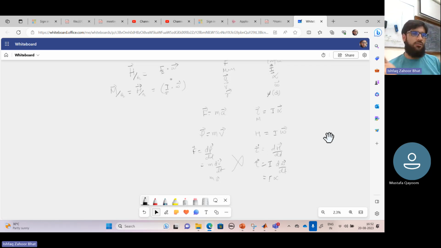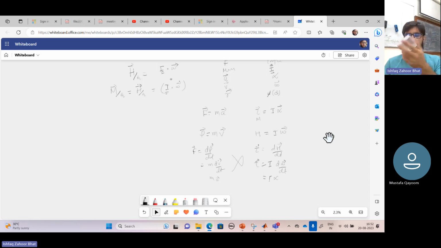For example, take a fixed frame and take this cube, and let's assume its inertia about this axis is 1, about this axis is 1, and about this axis is 1. So when you rotate this cube, which is a very good cube having a symmetry that its inertia is the same in the three principal axes.